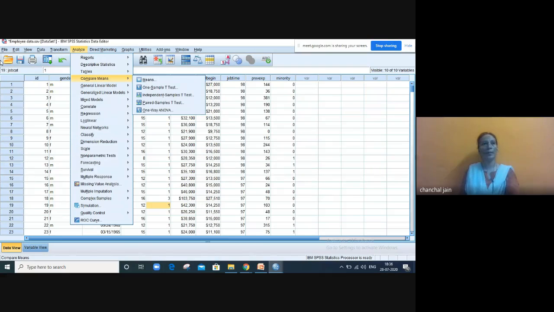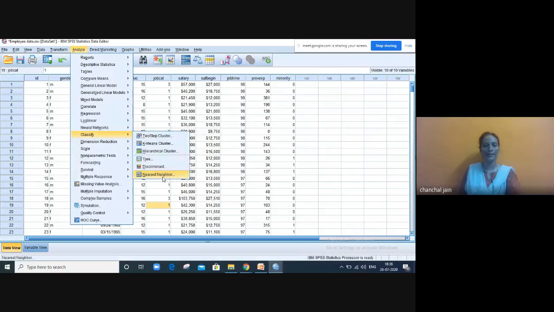Interpretation will remain the same in the case of all reliability statistics. If you are getting a value greater than 0.7, then you can say your scale is reliable. Whether you are applying parallel form, split half, or internal consistency, whatever you are applying, your value should be greater than 0.7. In that case only can you say that your scale is reliable.